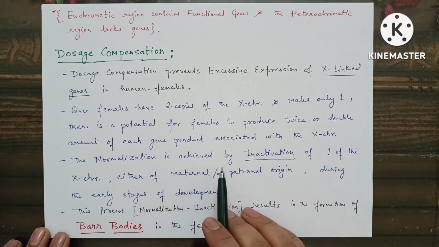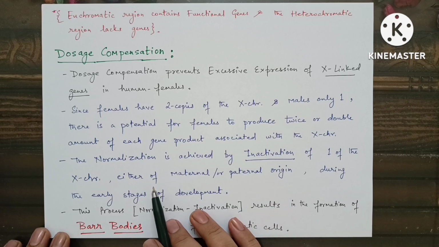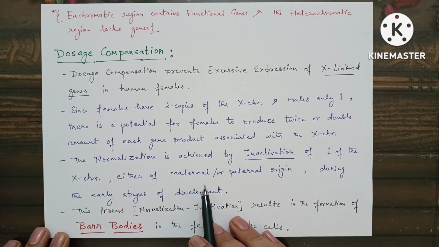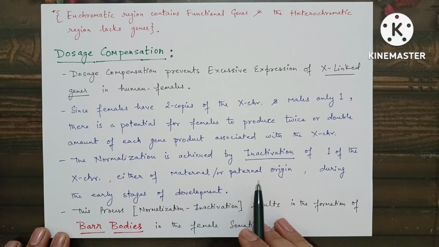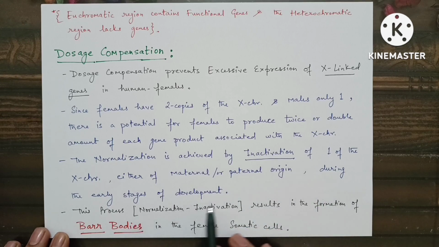The normalization is achieved by inactivation of one X chromosome, either of maternal or paternal origin, during the early stages of development. This inactivation results in the formation of Barr bodies in female somatic cells.